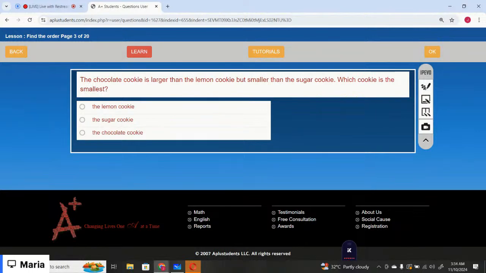Which cookie is the smallest? Which is the correct option? Lemon cookie is the smallest. The correct option is lemon cookie. Option number one is the correct option.